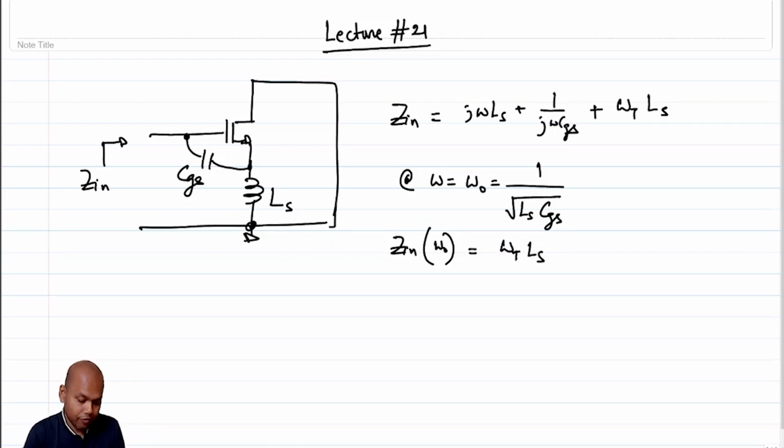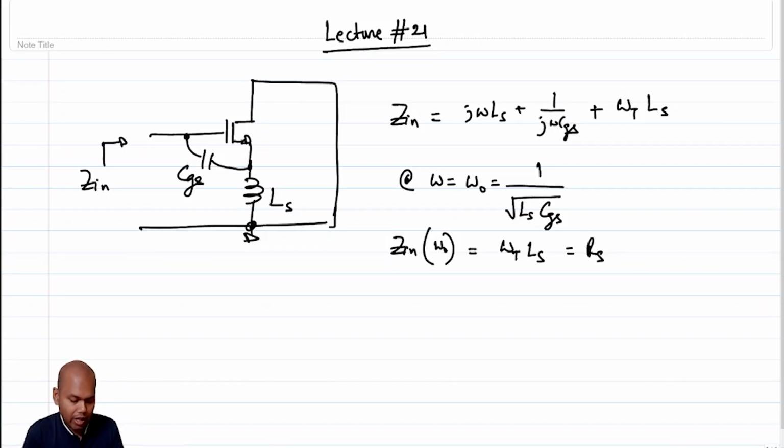And if I set it to Rs, then we have an impedance which has a real part of Rs. And hence we should be able to provide a perfect in-band match, a perfect input match, without using any additional resistive elements.